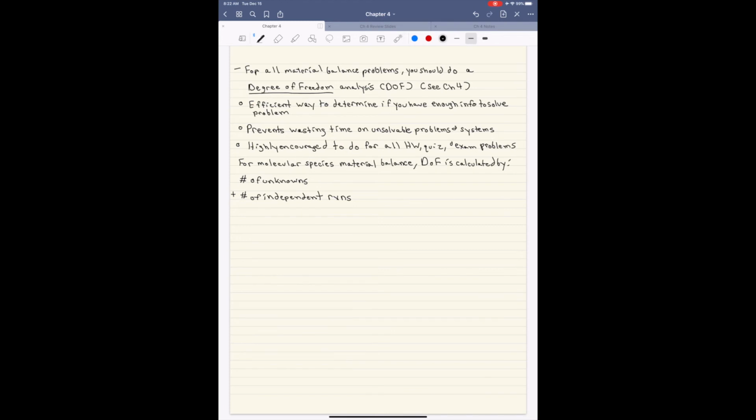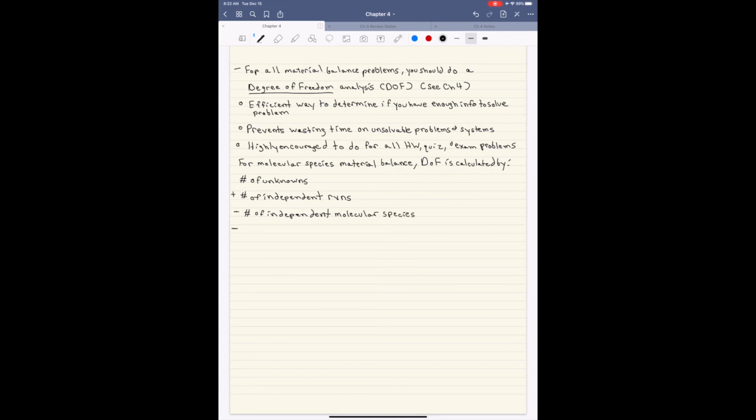For that sum, then you subtract off the number of independent molecular species that are in your system.